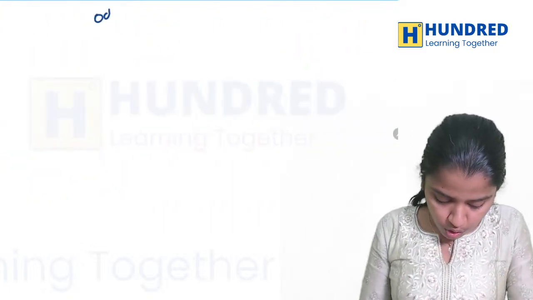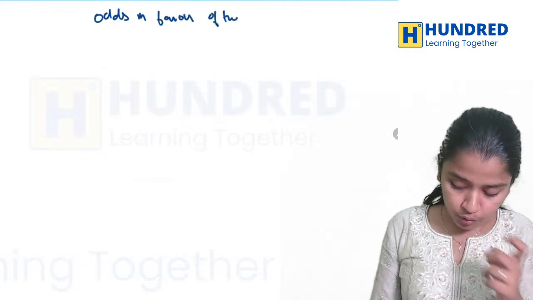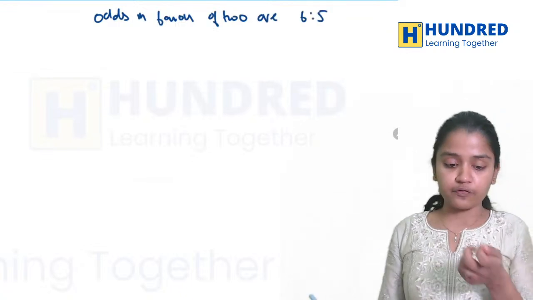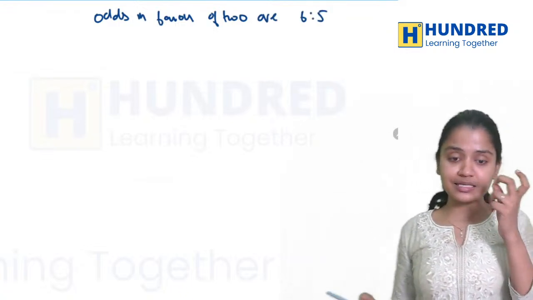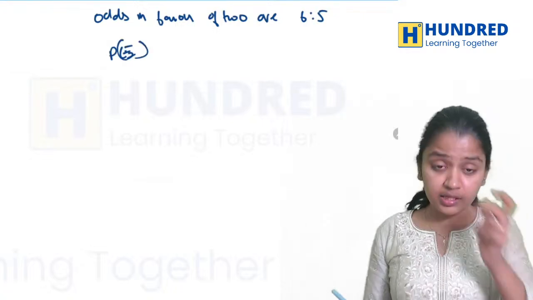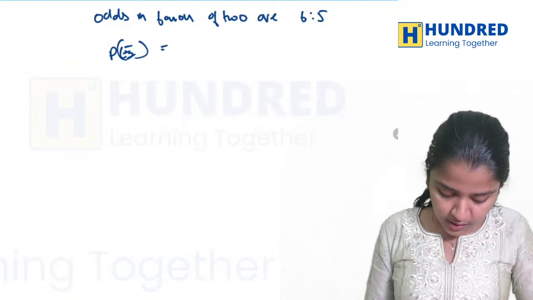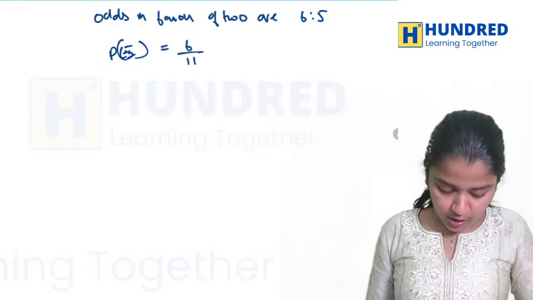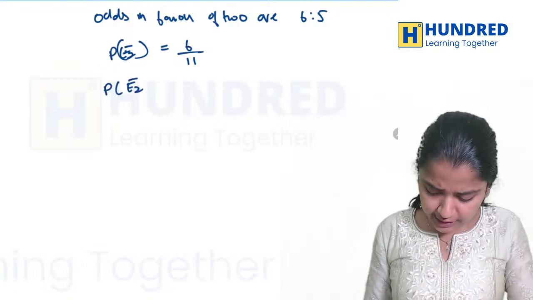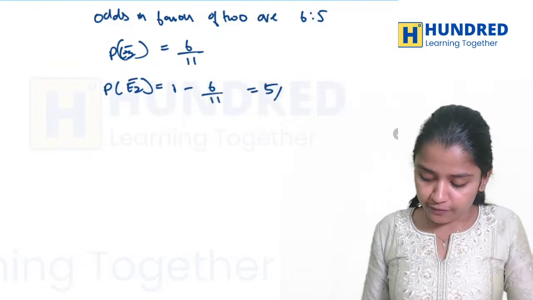So odds in favor of 2 are 6:5. So P of E2, the probability of happening of 2, is nothing but 6/11. Next, the probability of E2 complement is nothing but 1 minus 6/11, which is 5/11.